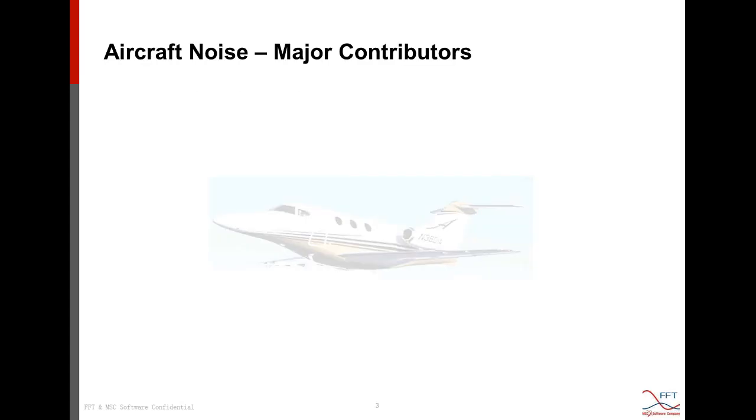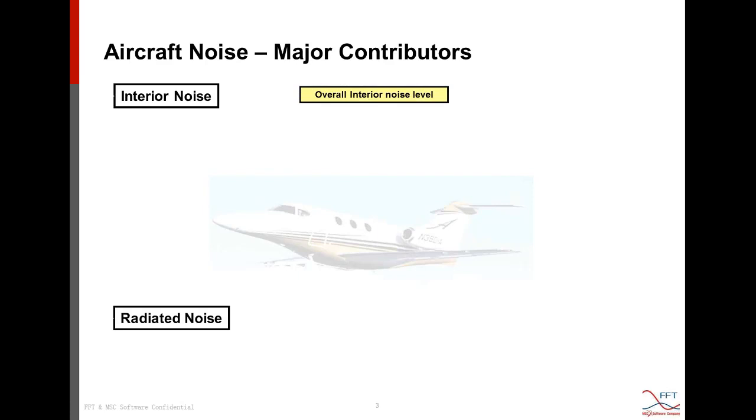So first, a review of all the aircraft noise contributors on which we at FFT have worked with Actran. We could divide all the contributions into interior noise and exterior noise, or radiated noise.